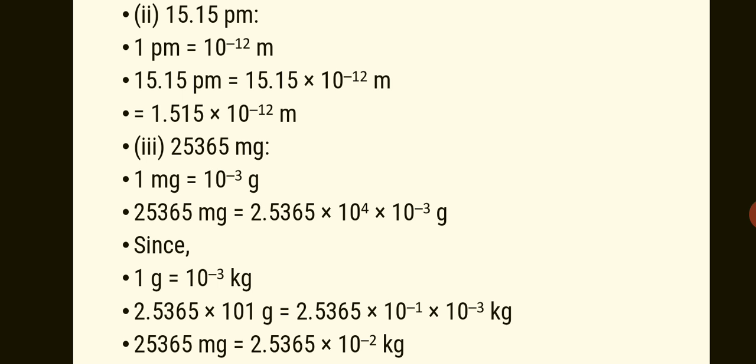So 25,365 milligram will be equal to 2.5365 into 10 raised to power minus 2, which is correct. And just above the 10 raised to power minus 2, it is written 10 raised to power minus 1. It is 10 raised to plus 1. Please correct it in your notes if you are making notes. So 2.5365 into 10 raised to power minus 2 kg is the right answer.